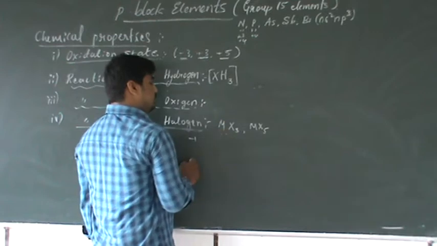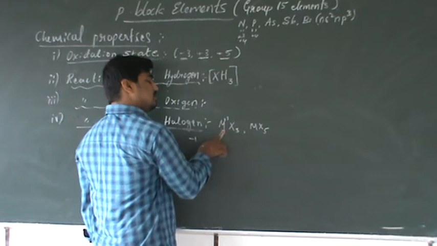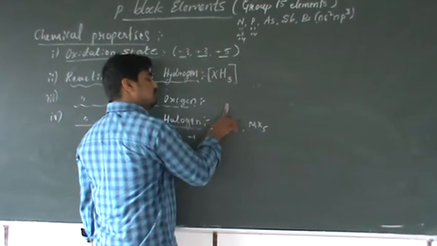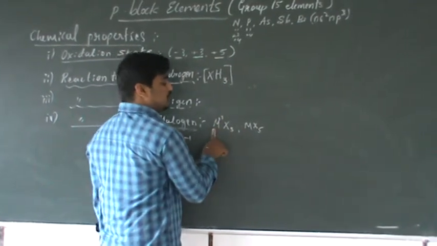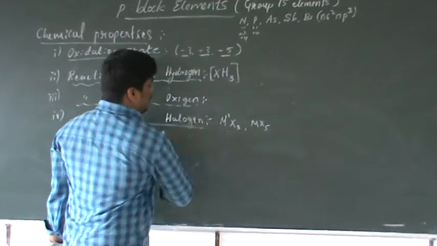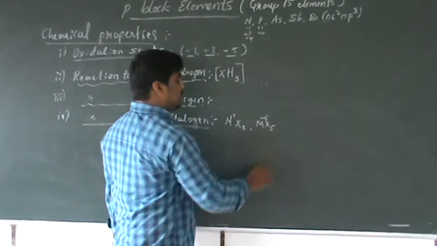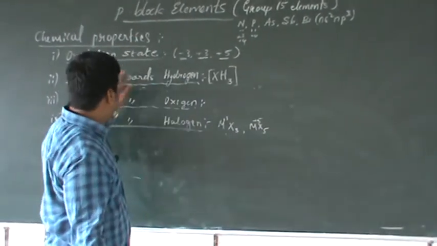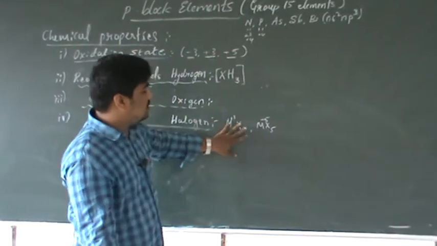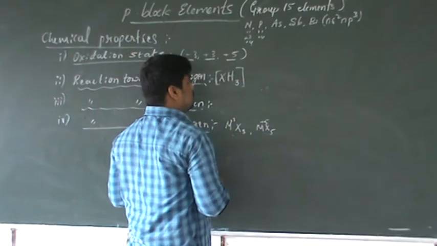Therefore, +1 is not possible, but +3 is possible, so three halogens are attached. +5 is possible, so five halogens are attached. Therefore, the common representation of halides of group 15 elements is MX3 and MX5. For example, nitrogen does not show +5.